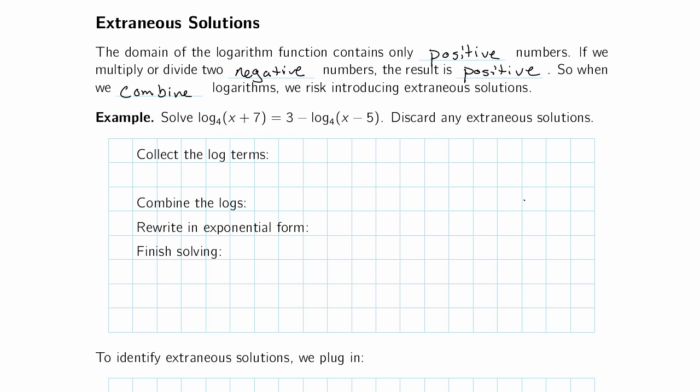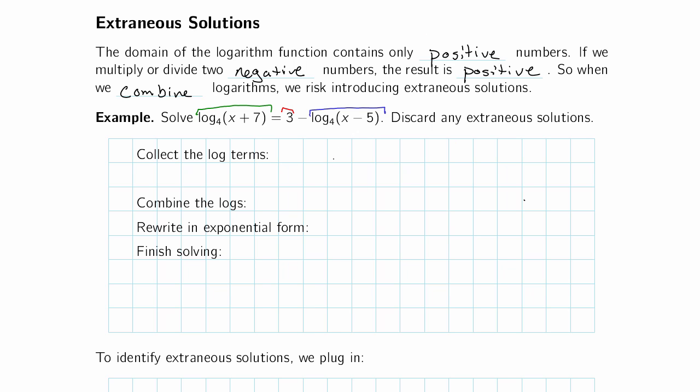So here's an example where we're going to get an extraneous solution when we solve. We have one log expression, two log expressions, and a constant.